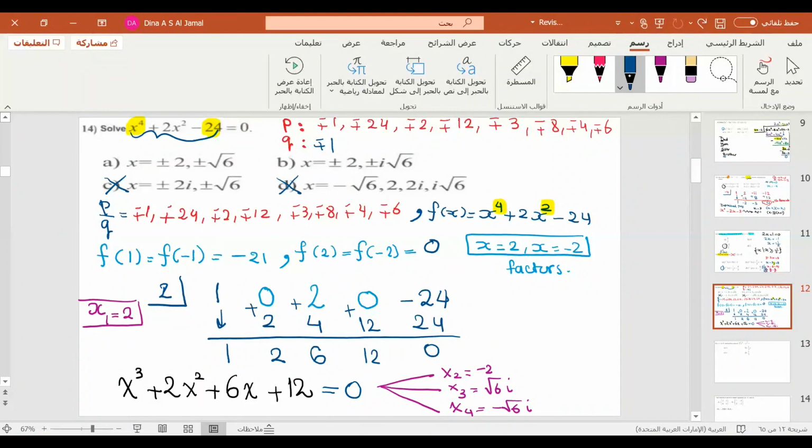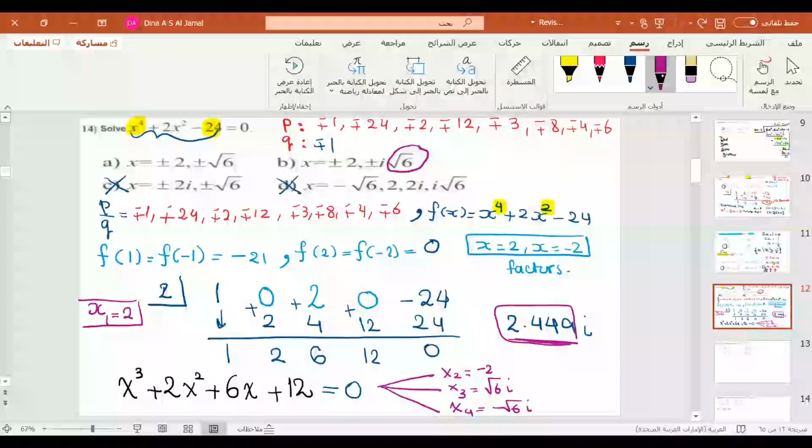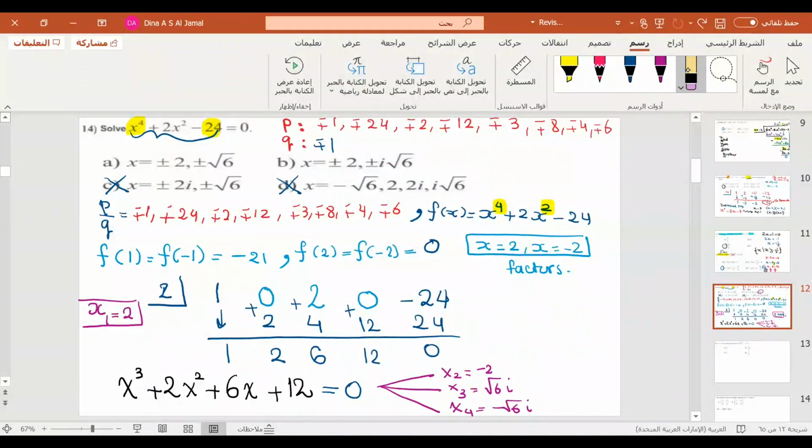And some calculators will be having 2.449i. And I advise you, if you are getting some answers like this, just put in your calculator the square root of 6 and check which value. Is it the same value as you got or not? Then let's now check the answers.